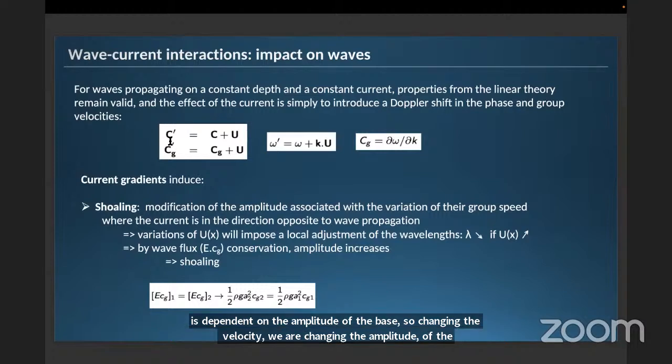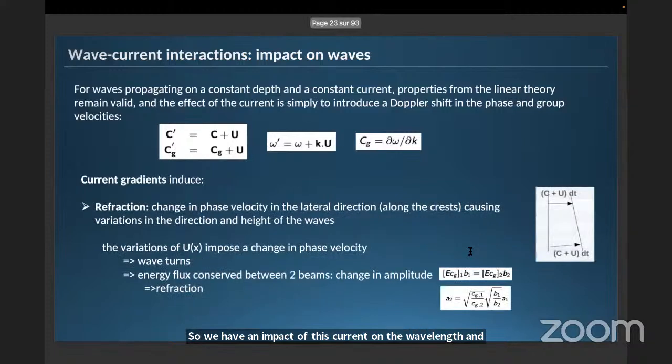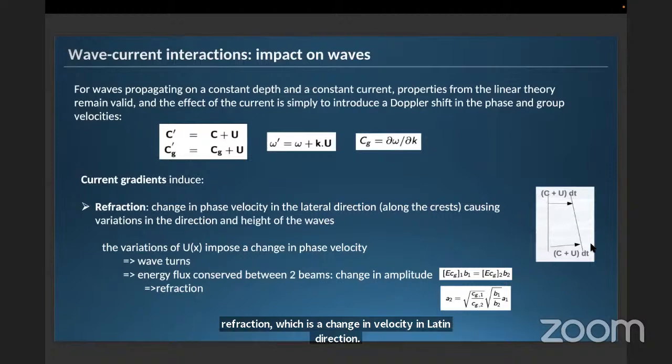Additionally, with the current gradient, as we are changing the phase velocity of the waves, we are changing also the wavelength of the wave. So we have an impact of this current on the wavelength and the amplitude of the waves. These current gradients also induce what we name refraction, which is a change in velocity in a lateral direction, let's say, causing the fact that the waves can turn.